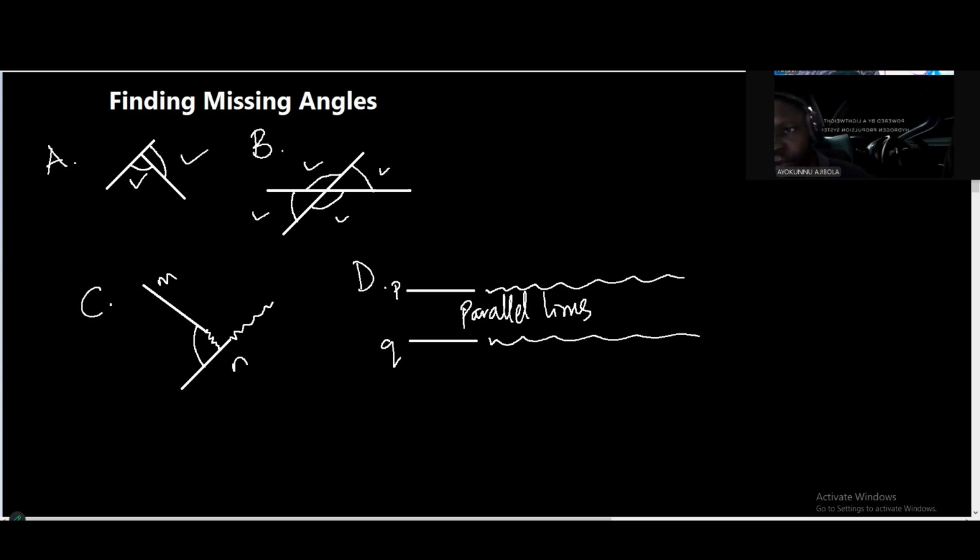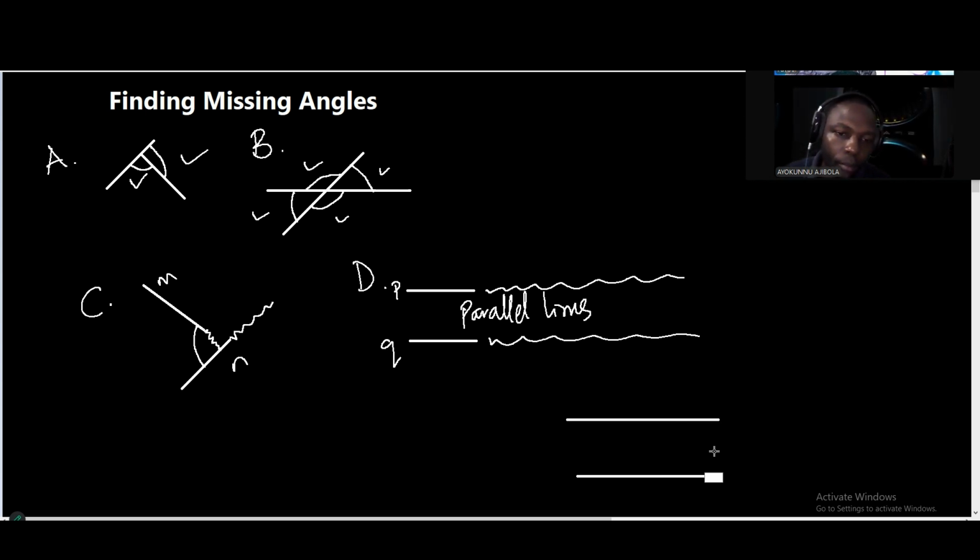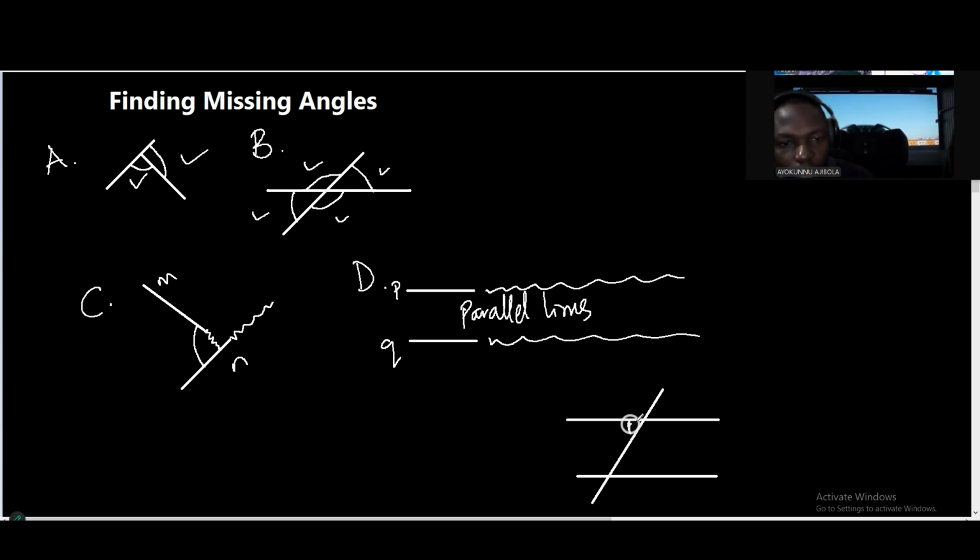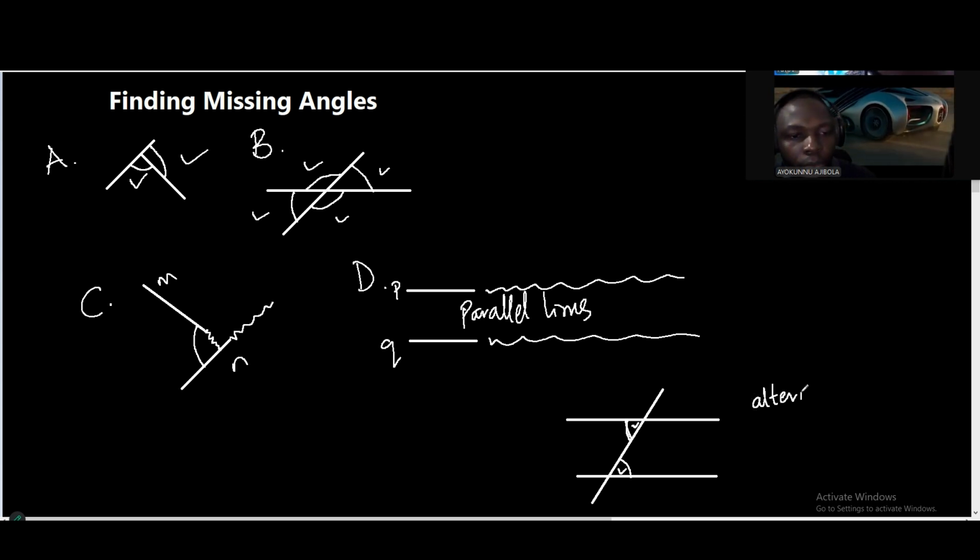But if we have parallel lines too, we can have a common property for them if there is a straight line that cuts across them. Once there's a straight line that cuts across, we have what is called alternate angles, corresponding angles and vertically opposite angles. So the angles here and here are alternate angles.